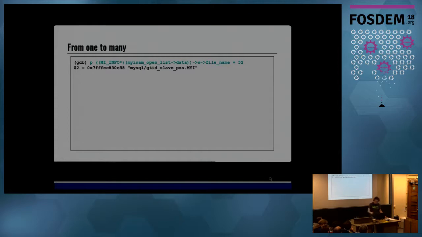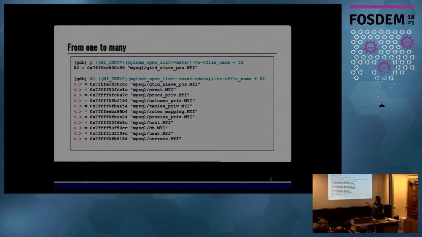And if I wanted to print the whole list, I would just need to extend it a little bit by specifying how to traverse the list, and then I would get the whole list printed at once. And this works exactly as you might have expected, because in C, or with the GDB print command, it would take the value of this pointer, then it would take the data member of this structure, then cast, and so on.